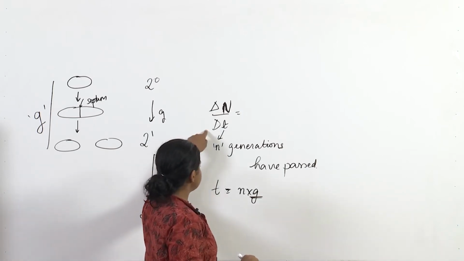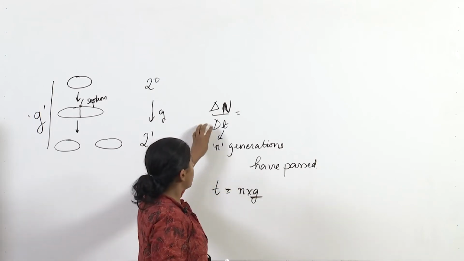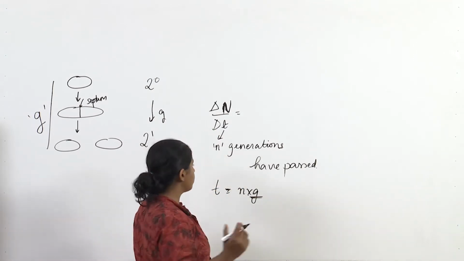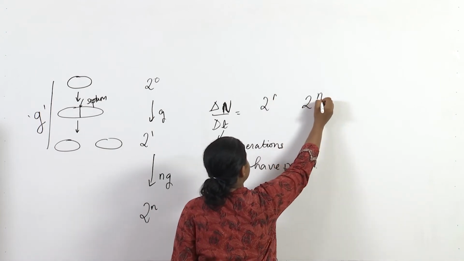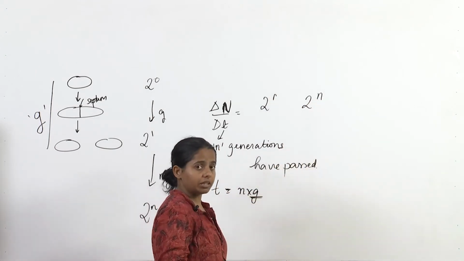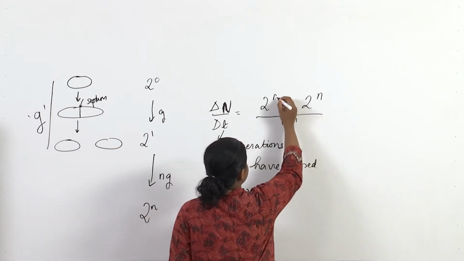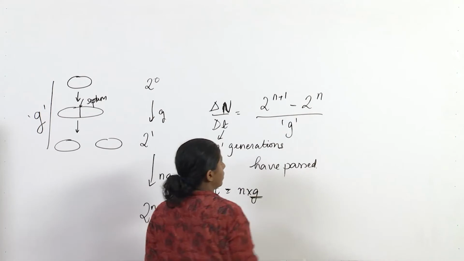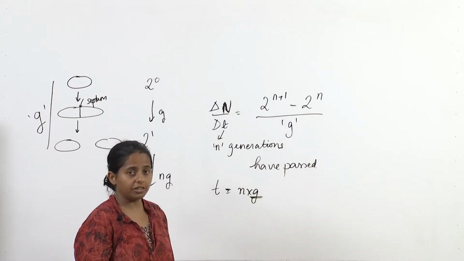So, del n by del t, at this particular time when t is equal to ng, the number of microbial cells that we should have ideally will be 2 to power n, and within the next generation time, in an interval of time g, we will end up having 2 to power n plus 1, and thus del n by del t will be equal to 2 to power n plus 1 minus 2 to power n, divided by g.